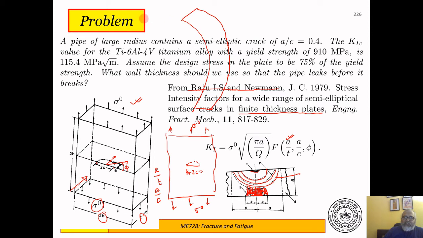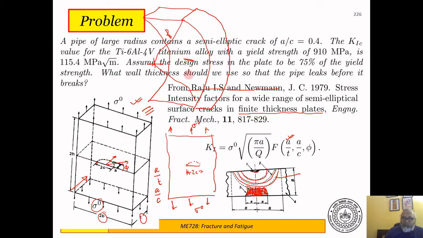Okay, the cylinder is like this. It has a curvature, of course. Here is the crack, but the radius of the cylinder, which we measure from the center here, is large, so that in the limit that r tends to infinity, the crack in the cylinder is nominally similar to the crack in this plate.